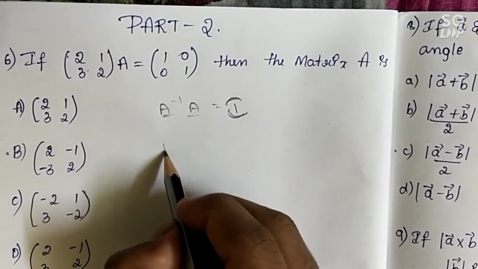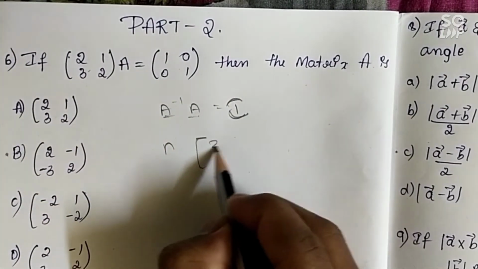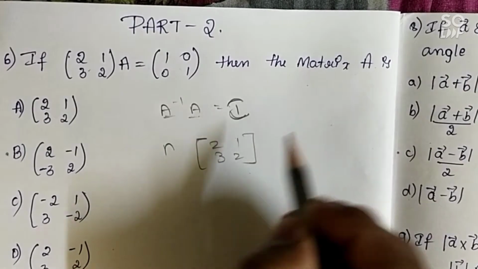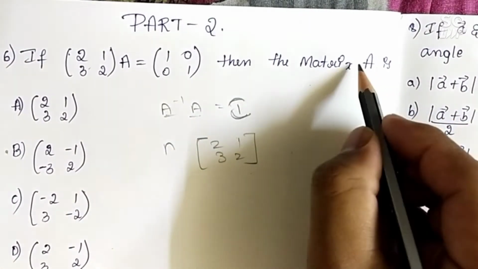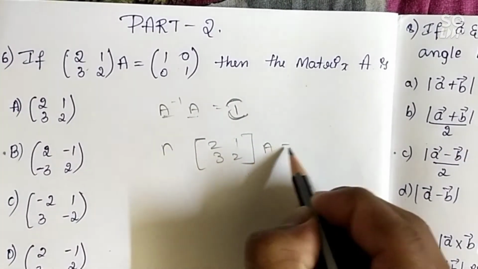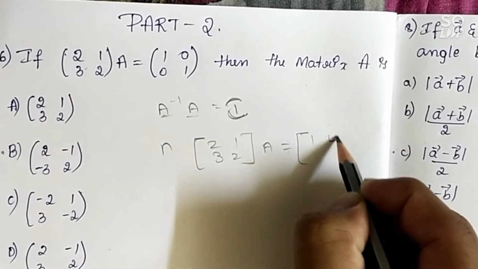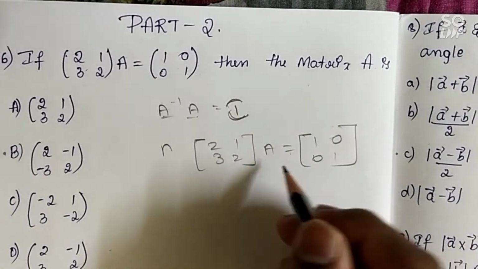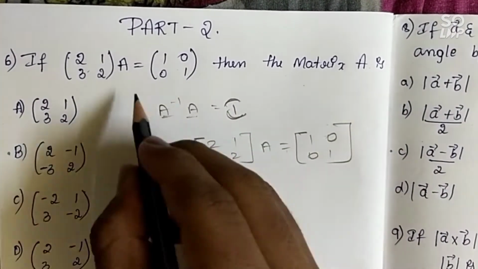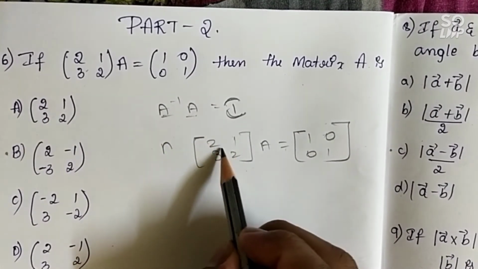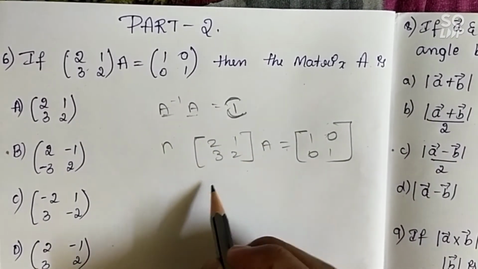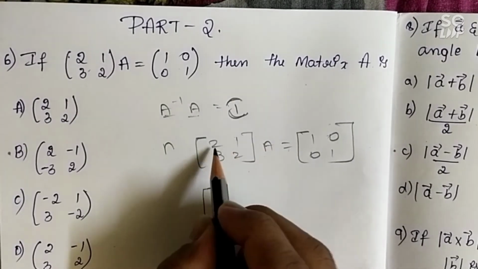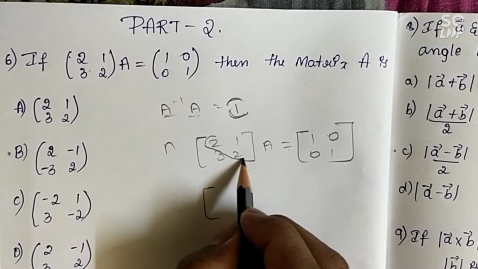Now they have given A inverse, that is 2 1 3 2, and they have said that we have to find out what is A, and they have also given 1 0 0 1. To convert A inverse to A, we should interchange the diagonal elements, that is these two.